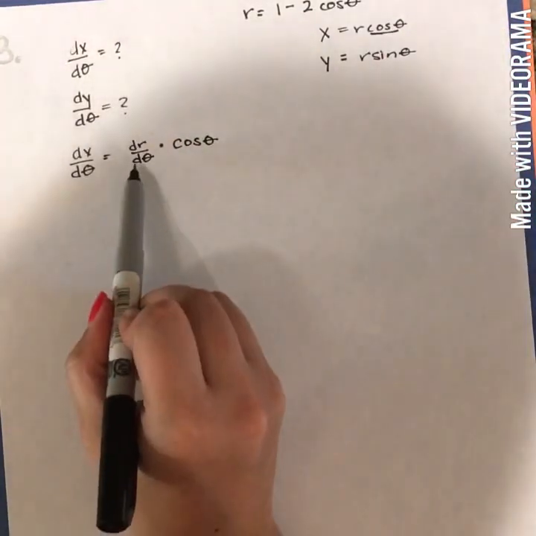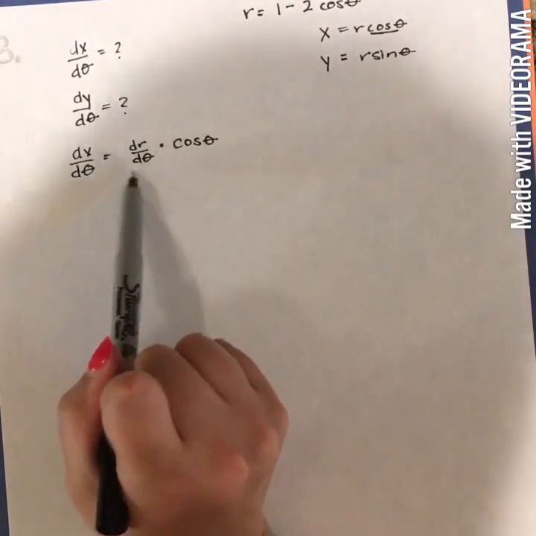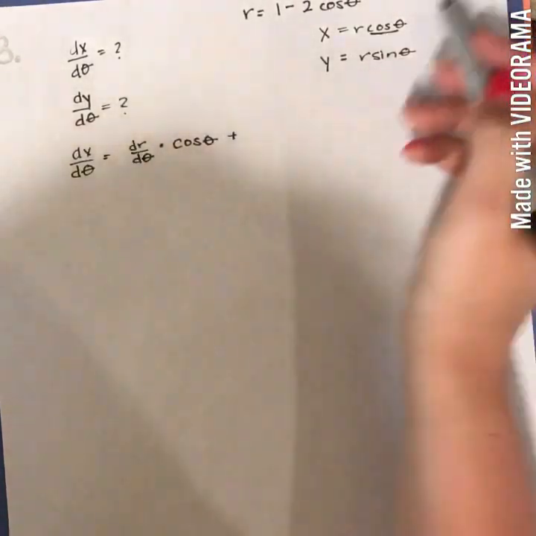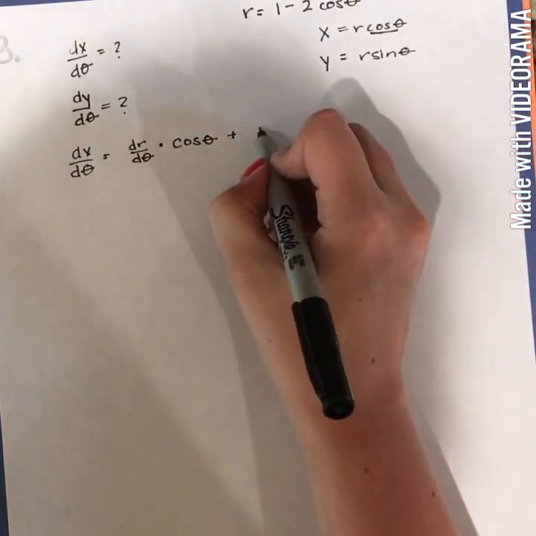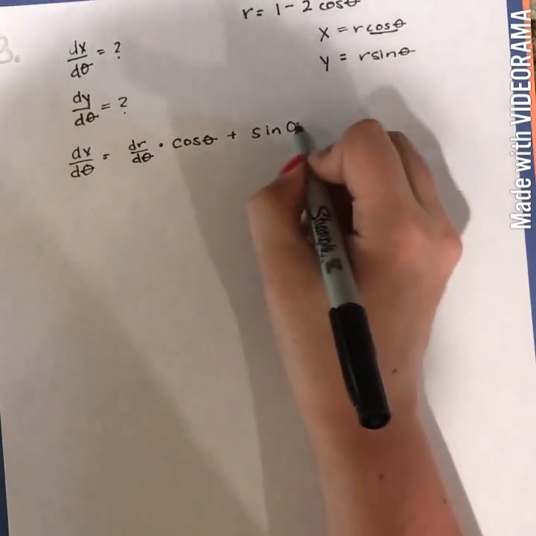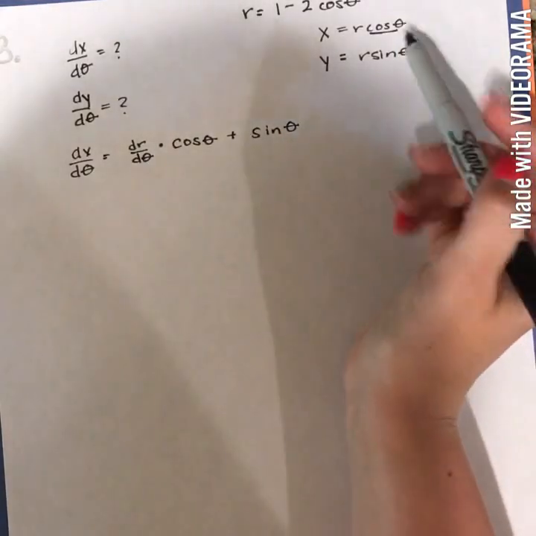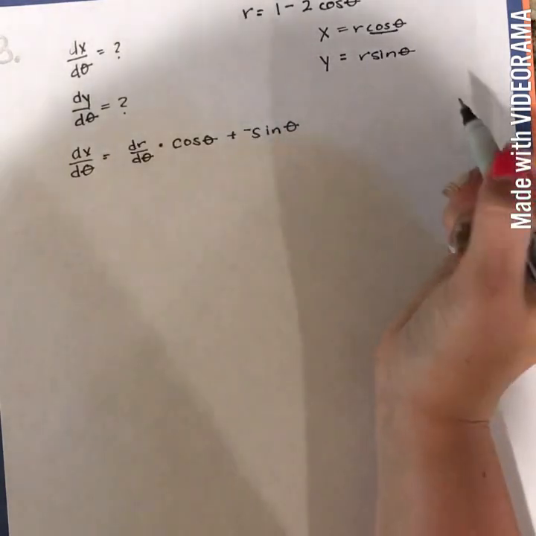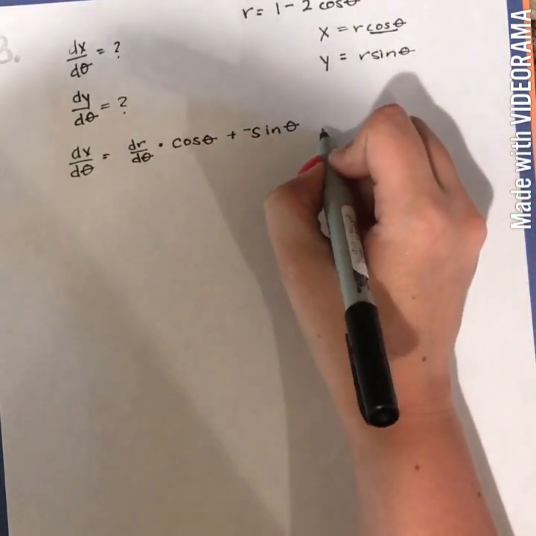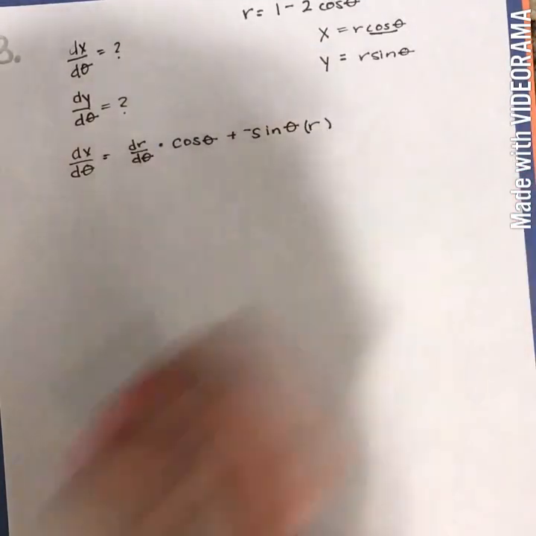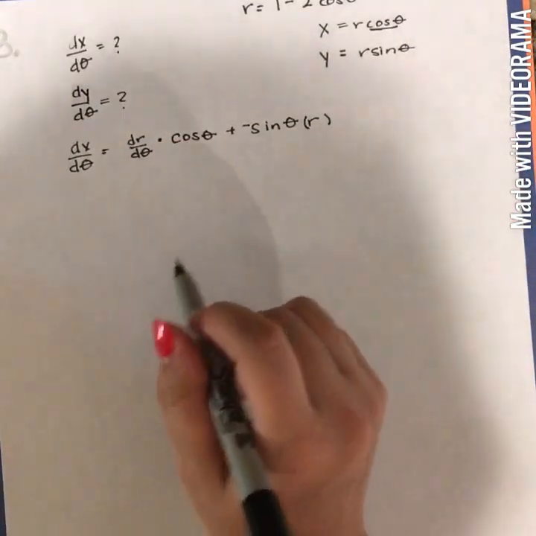Remember, you're going to take the first derivative times the second plus the second derivative, which would be sine theta. And it's actually going to be a negative, so we're going to put a little negative there. And then just the first one, so r. So that's your first equation.